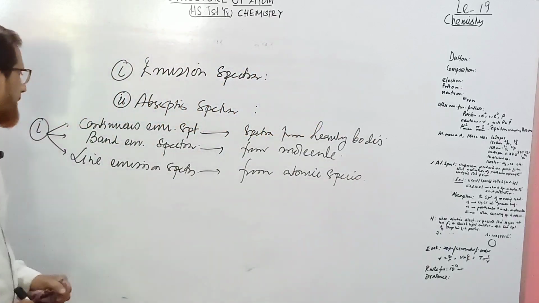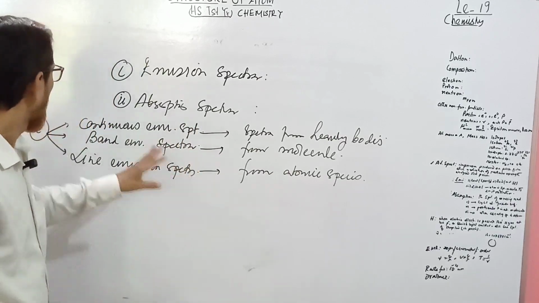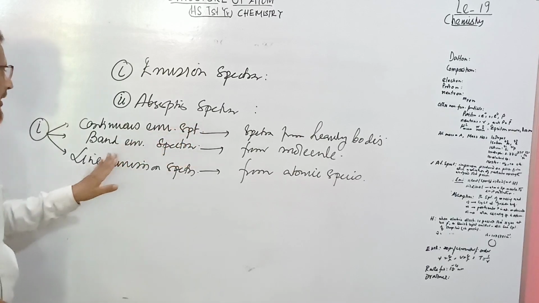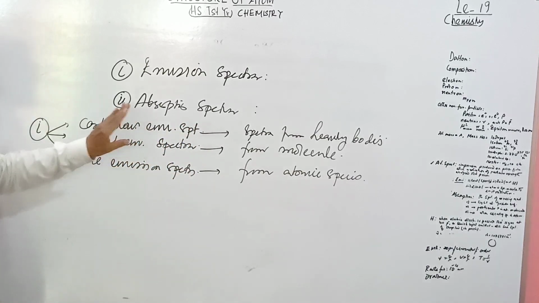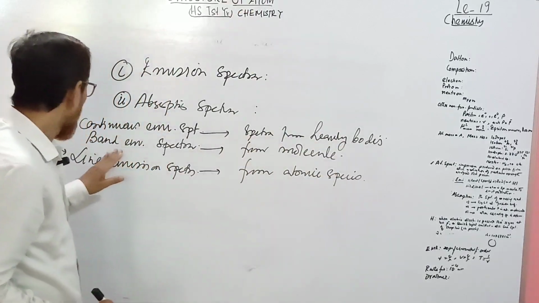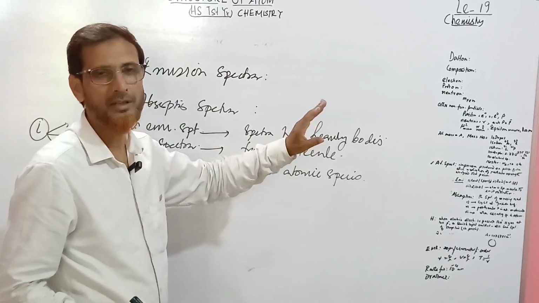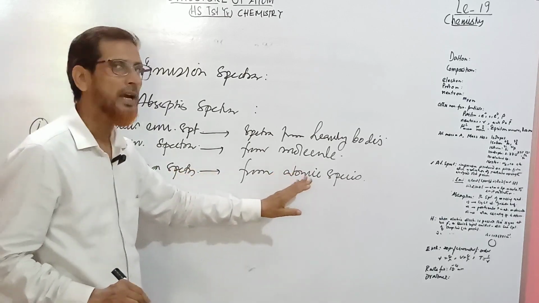Again, it is very important what type of spectra gives what. Continuous emission spectra is found only in the case of heavenly bodies, band emission spectra is found from any molecule, like methane, and line emission spectra is found from atomic species.